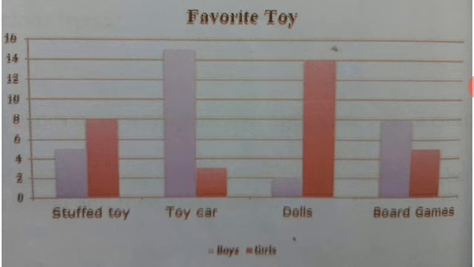How many pupils were surveyed? Then you have to add everything. So 5 plus 8, 13 plus 13, 26 plus 3, 29 plus 14, 33 plus 2, 35 plus 8, 43 plus 5, 48.